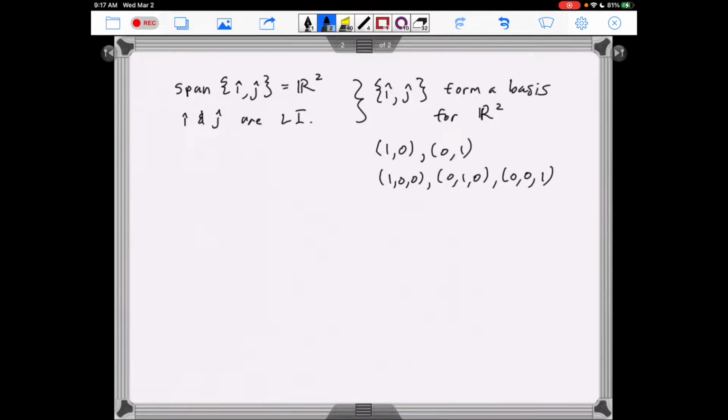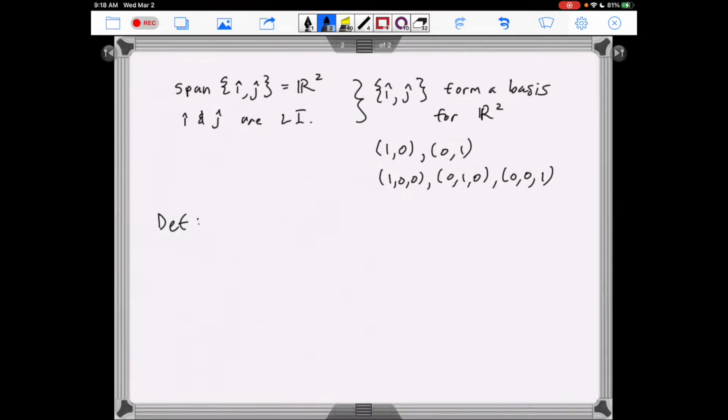So you can see that this can be generalized. We can go to R4, R5, R6. We would just have a 1 in one spot and a 0 everywhere else. We're not going to call these i, j, k very often, or we can call it that when it's low dimensions, but we have another name for these kinds of vectors when we have a bigger vector space.